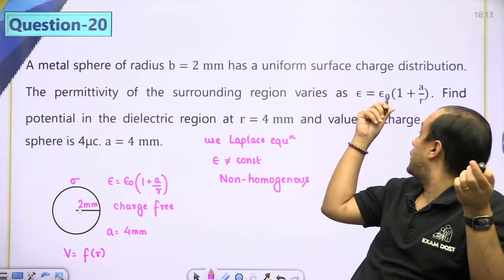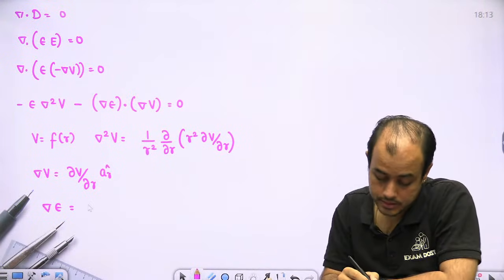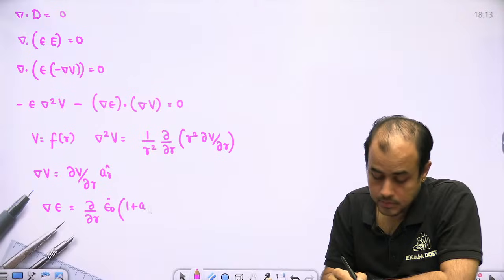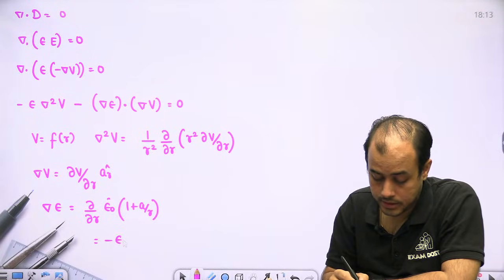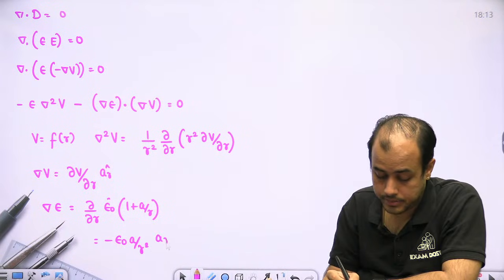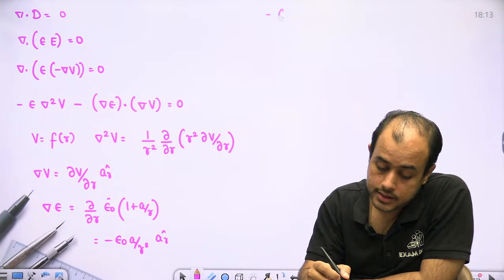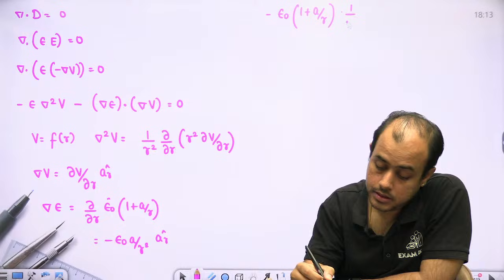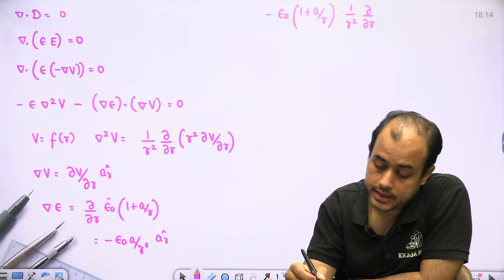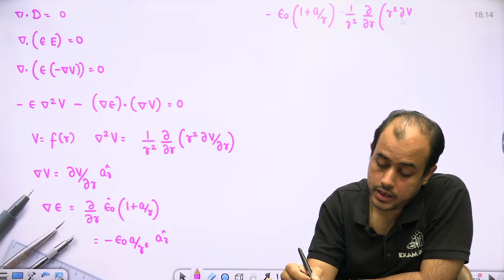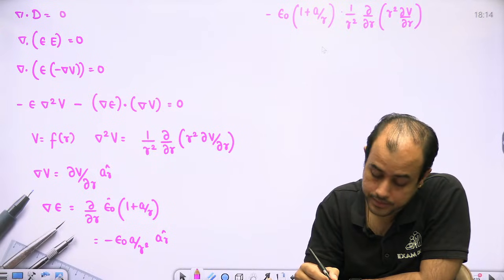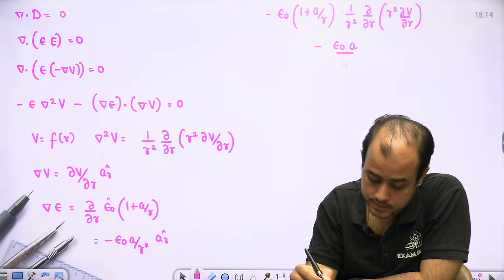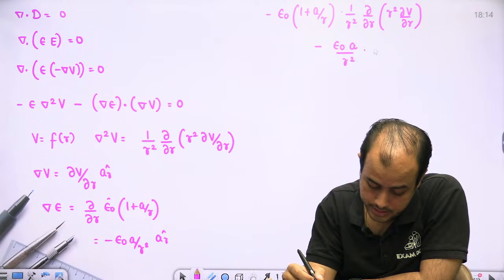Epsilon is also a function of R, epsilon naught 1 plus A by R. So it is minus epsilon naught A by R square a_R. So minus epsilon naught 1 plus A by R, 1 by R square, del by del R of R square del V by del R. Okay. Minus gradient of V, gradient of epsilon.